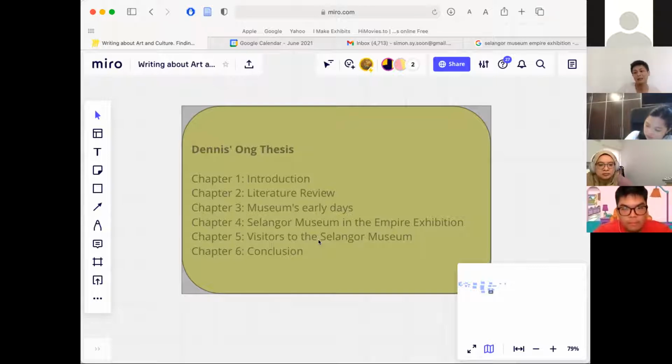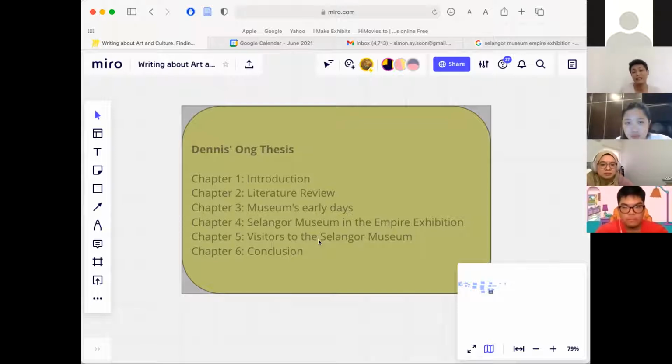But if this and this happened, it says something interesting about maybe the ideology of colonial museums in the 19th century, as well as, if it participates in an Empire exhibition, it also says something about Selangor Museum being part of a larger node of exchange of knowledge across this imperial network.